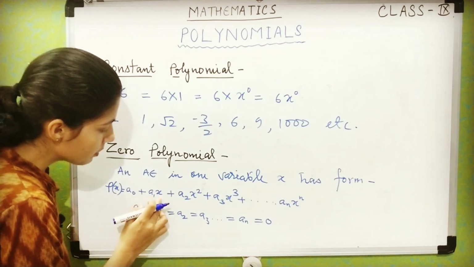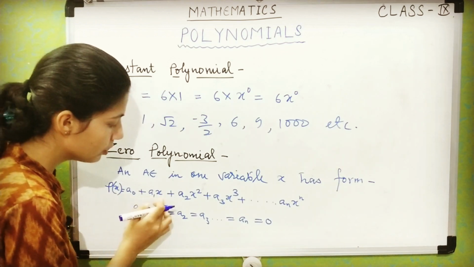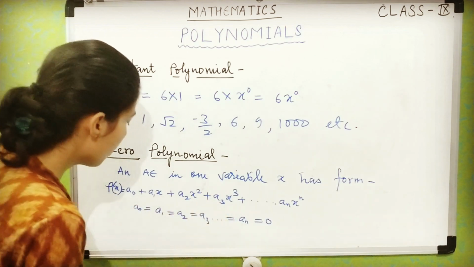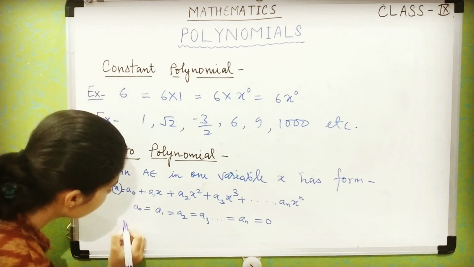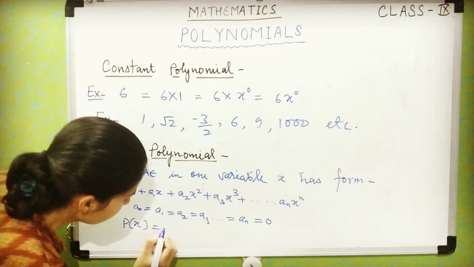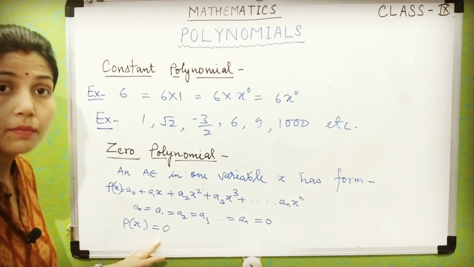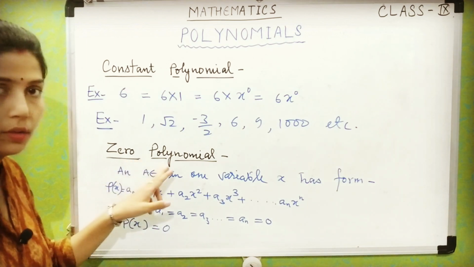You are multiplying each variable with a constant, so 0 into variable is 0, and you get the polynomial p(x) equals 0. So this polynomial is called the zero polynomial.